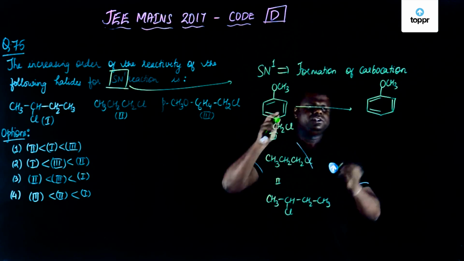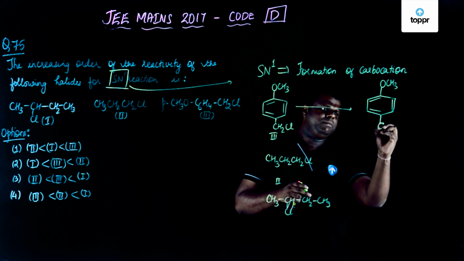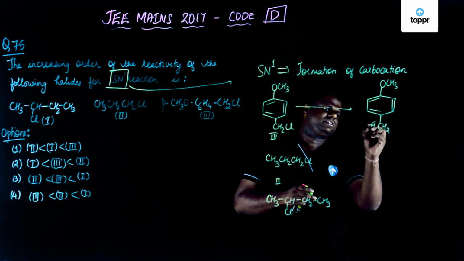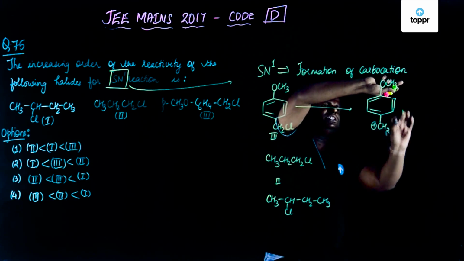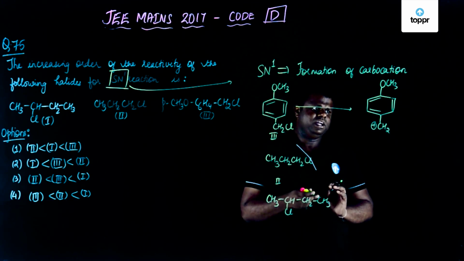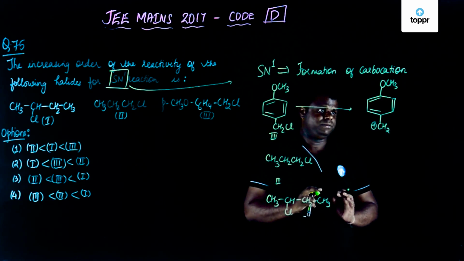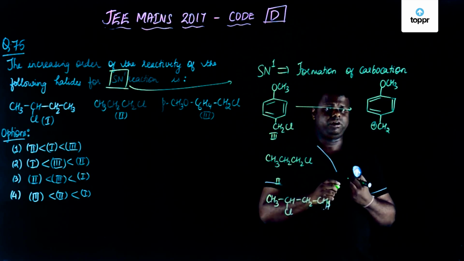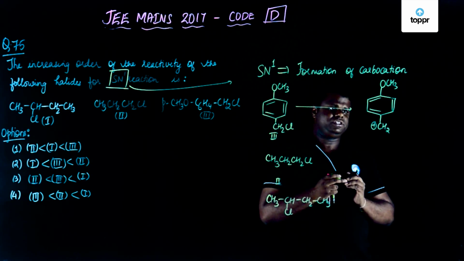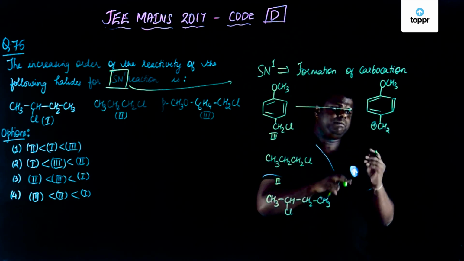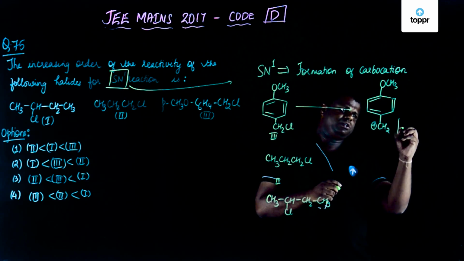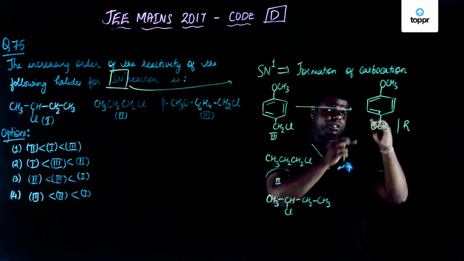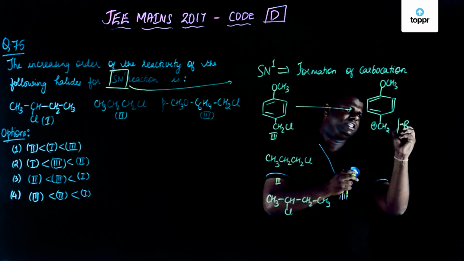This Cl would leave, forming CH2 plus. If you remove this, this is basically a benzyl carbocation. This involves conjugation: there is a double bond and a positive charge connected by a single bond. As a result, the operating effect would be resonance effect, which is the plus R effect.